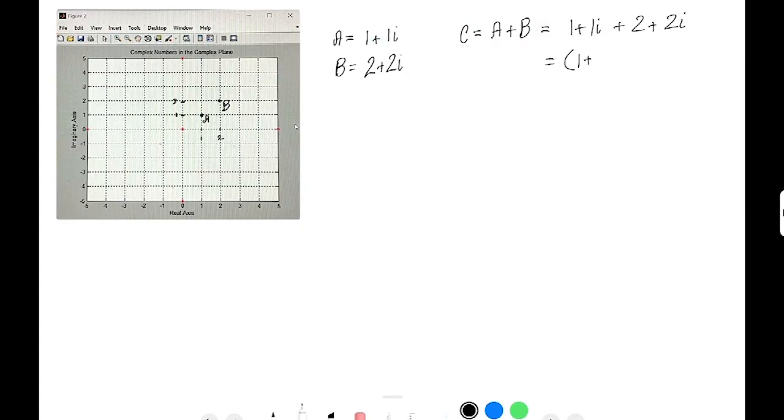And so we add the real part and we add the imaginary part. And that equals 3 plus 3i. So C would be right here.